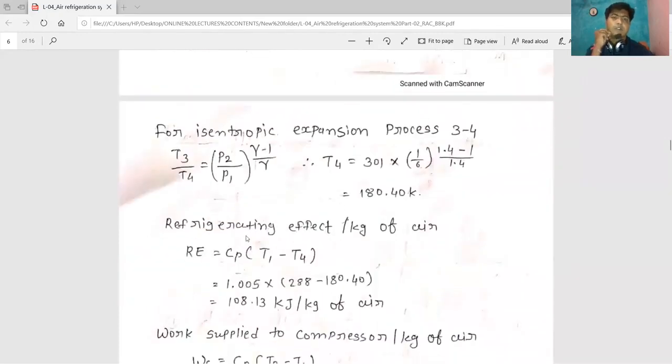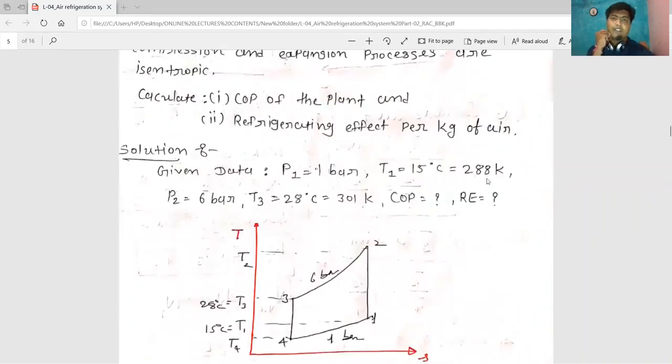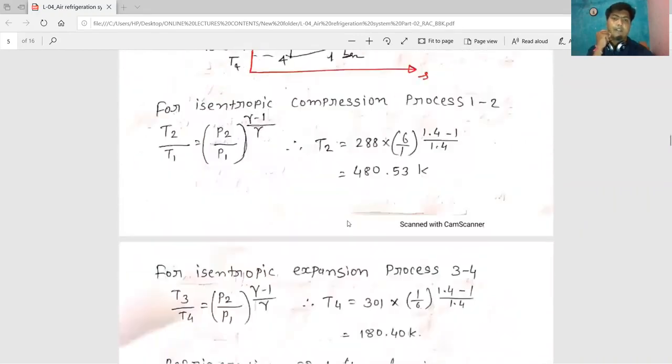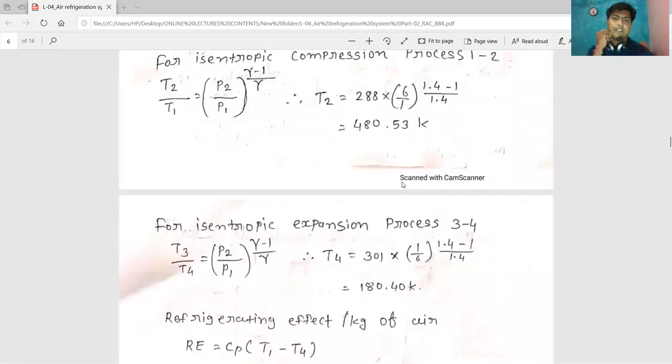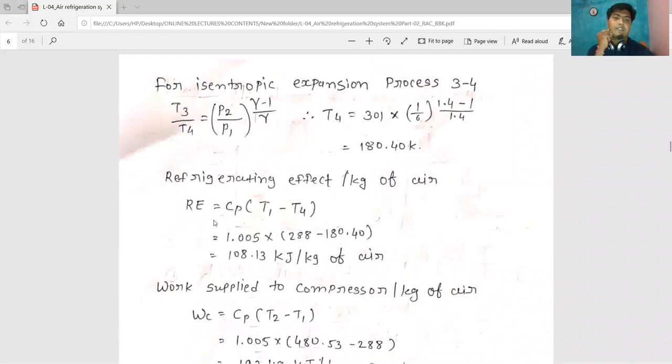Okay. So we know all the values. T1 is 15 degrees, 288 Kelvin, T2 is calculated as 480.53, T3 is already known, and T4 is 180.40. So the refrigeration effect is equal to Cp times T1 minus T4. Because we calculate per kg, I have taken the mass as 1.